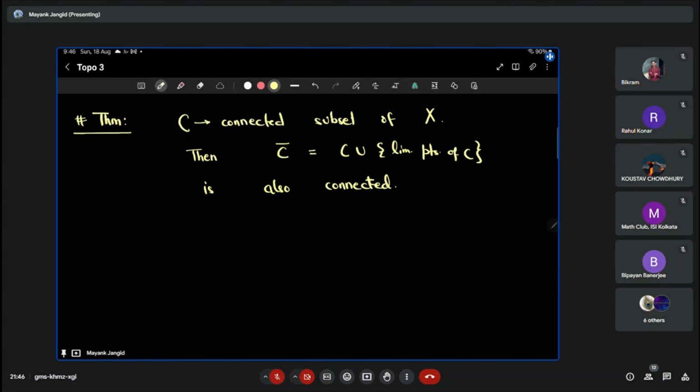This theorem is important because you can check connectedness of some peculiar subsets just by using this. I will show you some examples of this. Okay, so let me try to prove this.